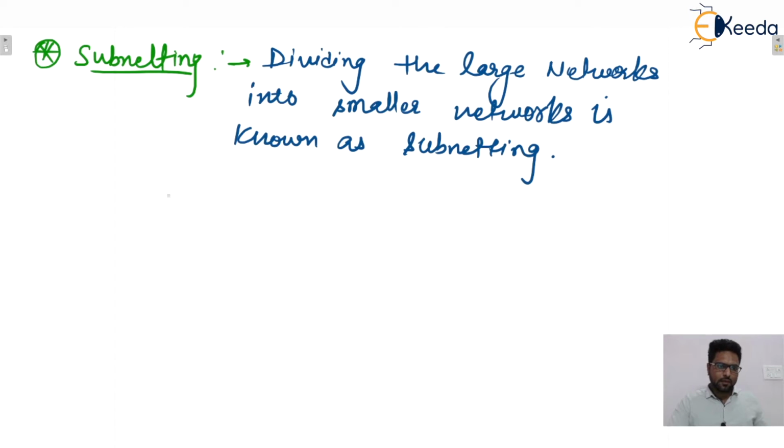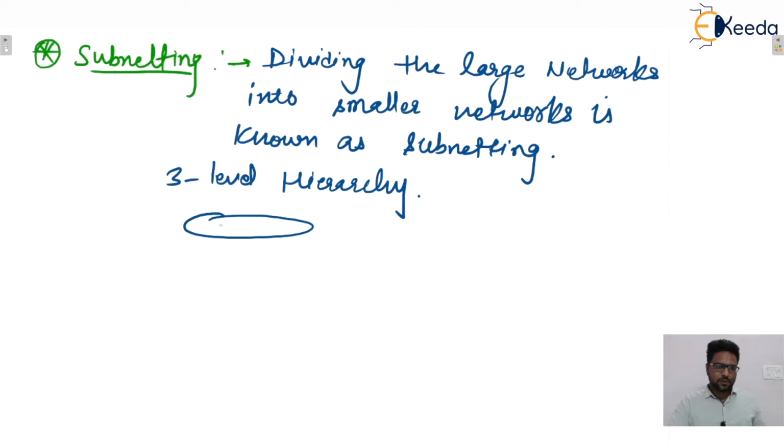Here in subnetting, there is a three level hierarchy. If we see the tree diagram, at the topmost level one network will be there, and this network is divided into smaller networks known as subnetworks. For each subnetwork there will be a subnet ID, isn't it?